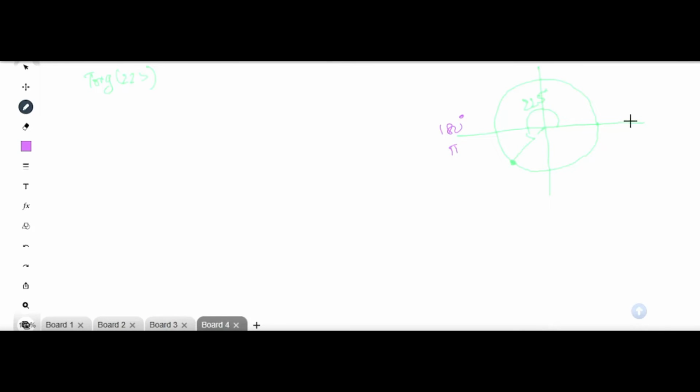As I always told, make sure you take the shortest route, and also let that route be from the horizontal rather than the vertical. So which is a better route? Can we take 180 plus 45? Yeah, sure.